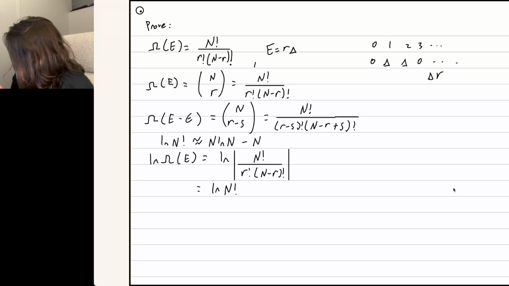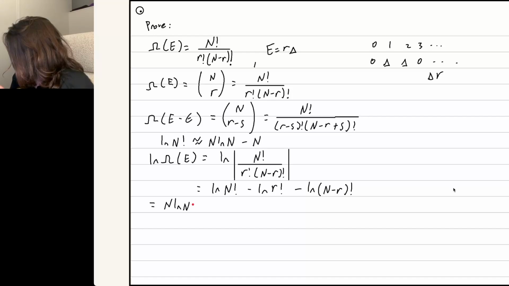So it's natural log of n factorial minus natural log of r factorial minus natural log of n minus r factorial.